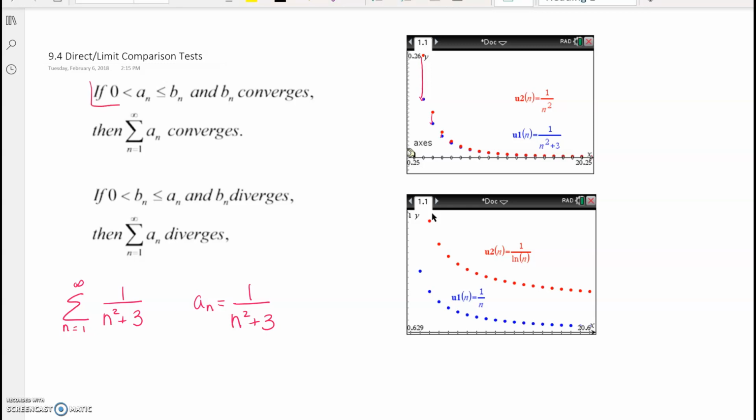So if a sub n is between 0 and b sub n, which is exactly what we have here, our series 1 over n squared plus 3 is less than the series from n equals 1 to infinity of 1 over n squared, we can say that a sub n converges.